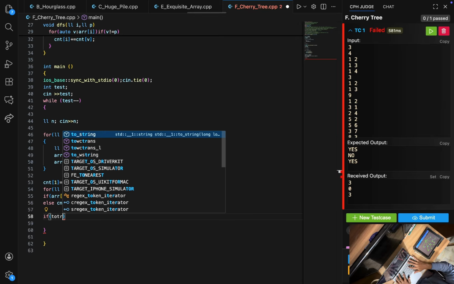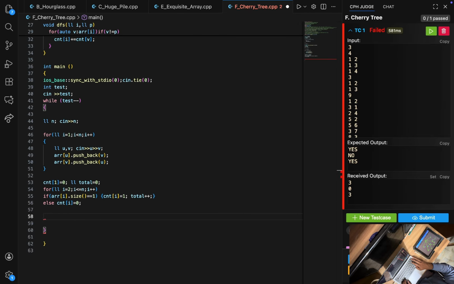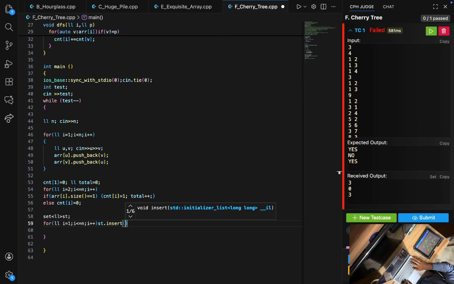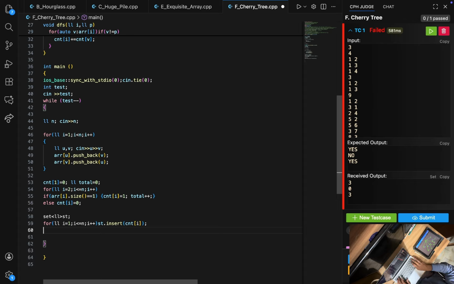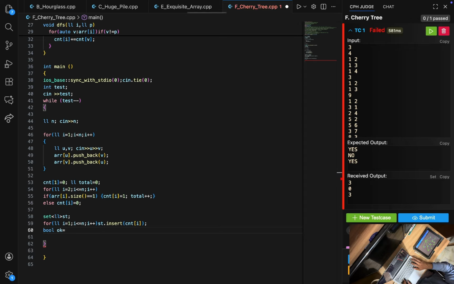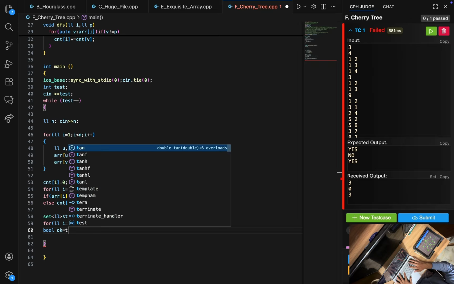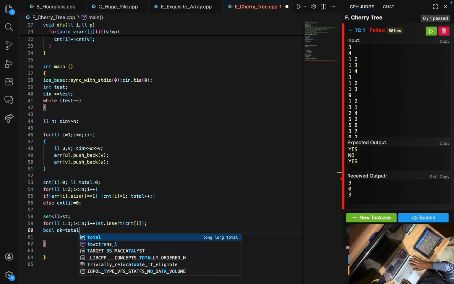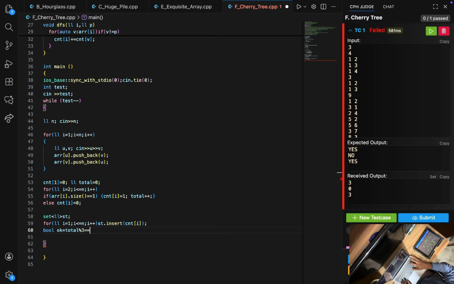Okay, let's make a set of long long, st. Insert count if total mod 3 equals 0.